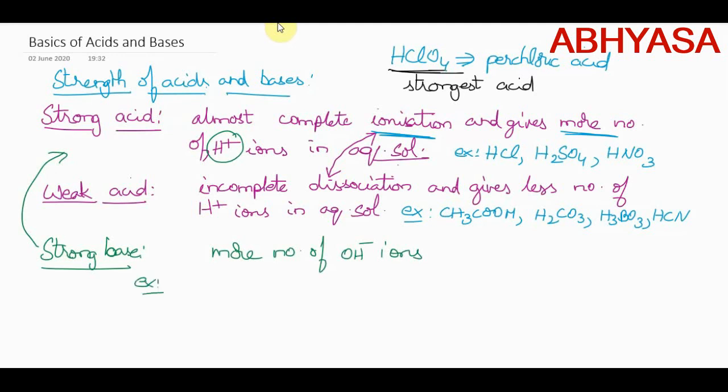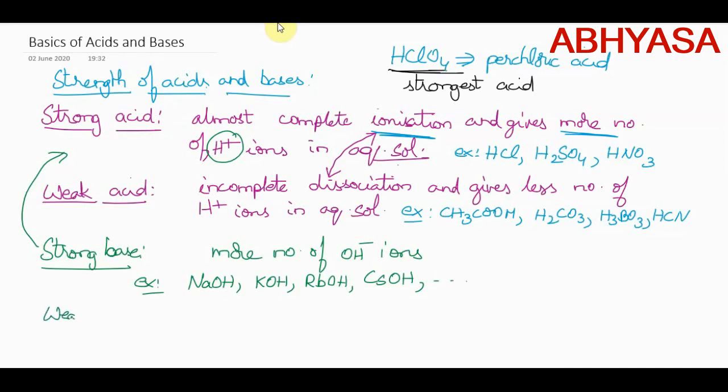And the examples are, except lithium, all the other first group hydroxides, all the hydroxides of alkali metals, that is sodium hydroxide, potassium hydroxide, rubidium hydroxide, cesium hydroxide. All these are examples of strong bases because they ionize to a greater extent and produce more number of OH minus ions.